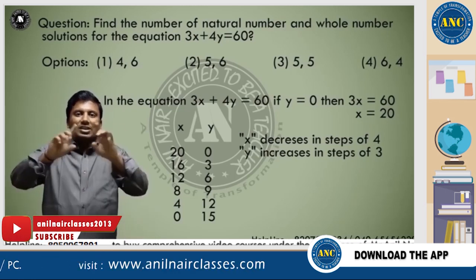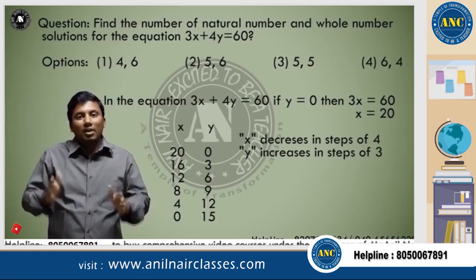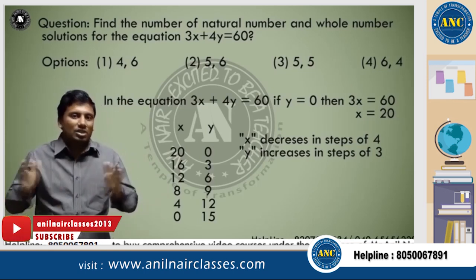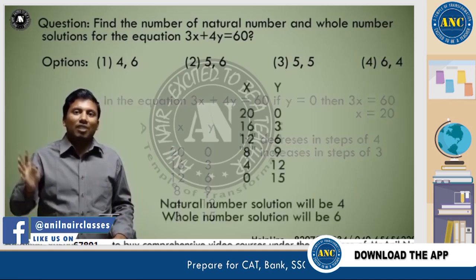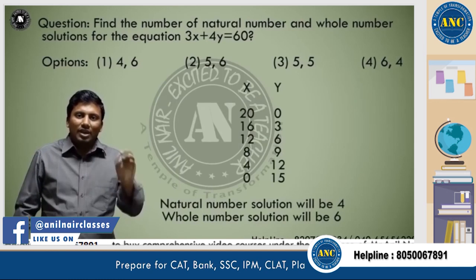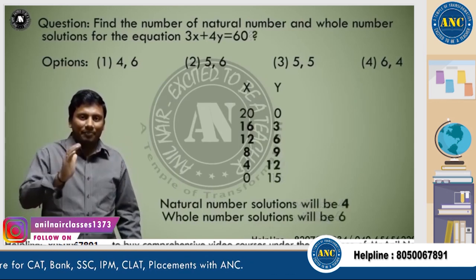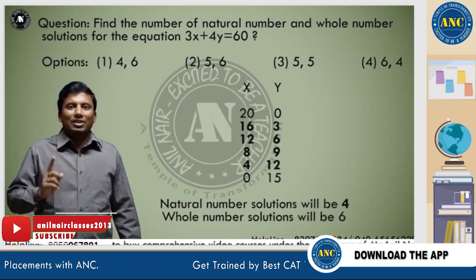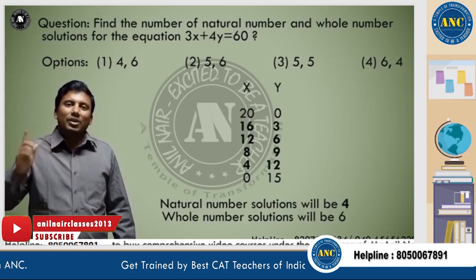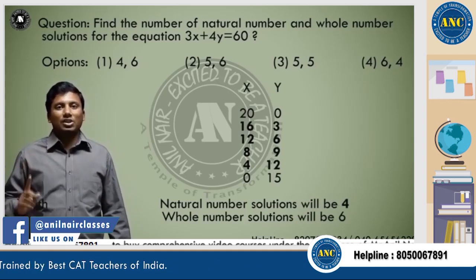These are the 6 doublets which we got for x, y. Natural number solutions are the solutions which do not take x and y as zeros. So there are 4 doublets. Therefore, natural number solutions for this equation will be 4. In this table, we have 2 doublets where in one x is 0 and in another y is 0.